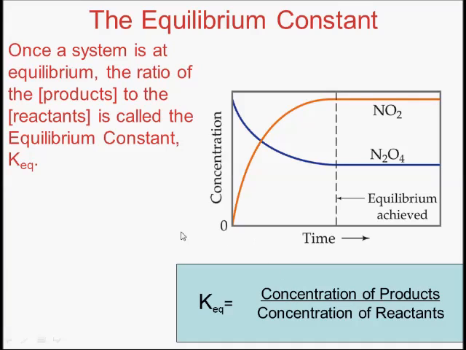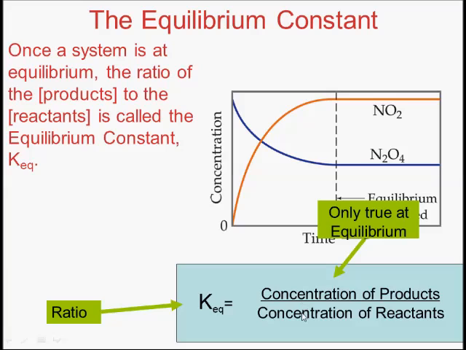And when we calculate that and come up with an actual number, we call that ratio the equilibrium constant, which is abbreviated Keq. And so really all that Keq is, is simply the ratio of your concentration of products over the concentration of reactants. Now, in order for this to be the equilibrium constant, you have to put your concentrations at equilibrium in.